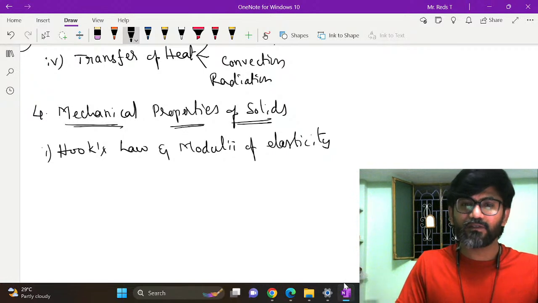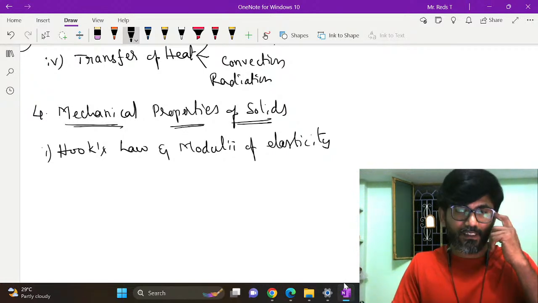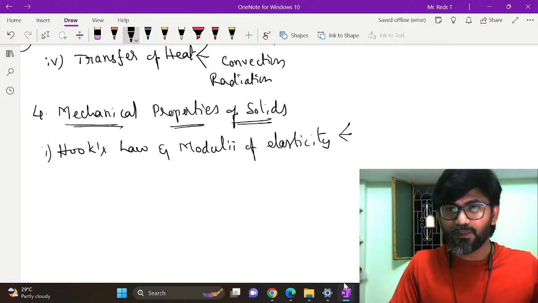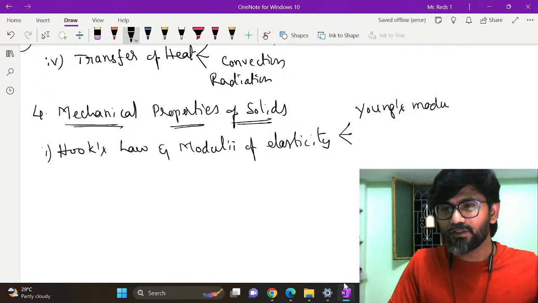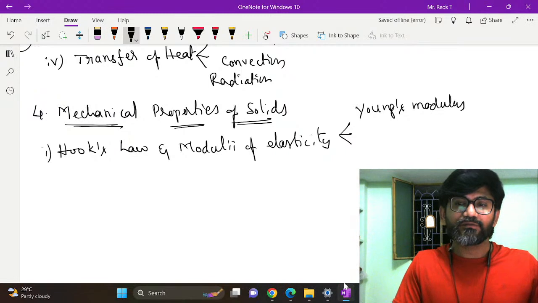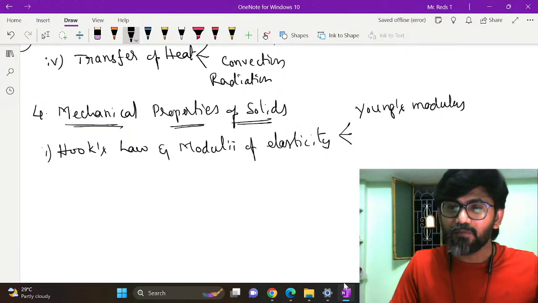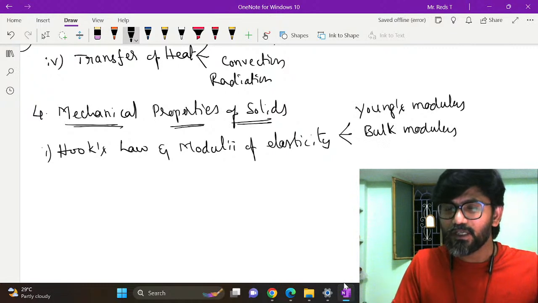In this, we come across different types of moduli. The first one is Young's modulus, and the second one is bulk modulus, and rigidity modulus.